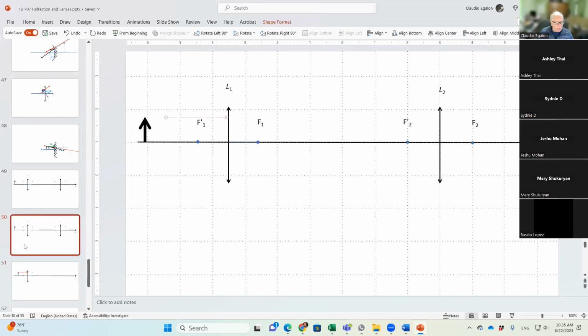One of the light rays is parallel to the axis, right? And then it converges towards the focal point.